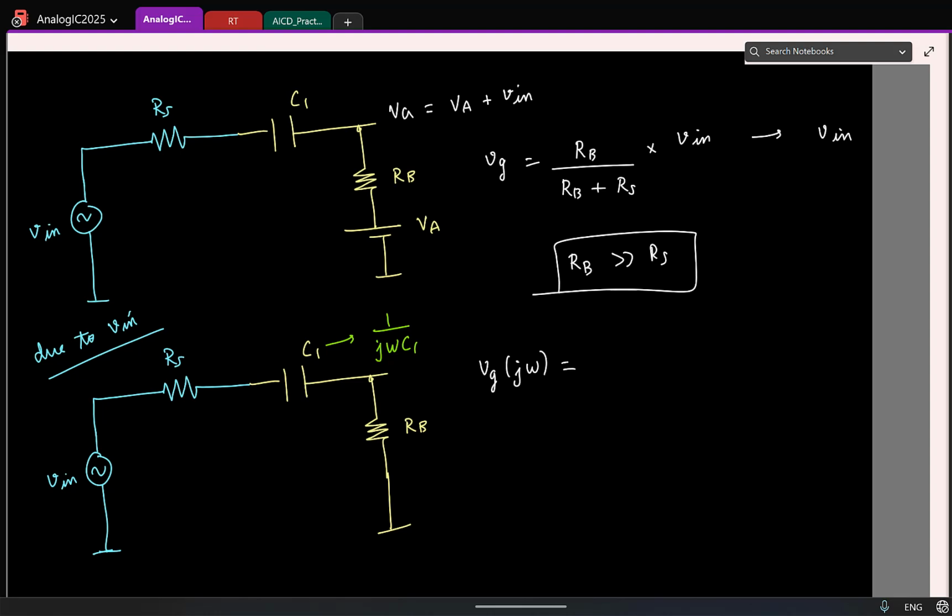What is the division factor? Rb by Rb plus Rs plus 1 by j omega C, times Vin of j omega. Everything is in the frequency domain. Now I already know that this should be approximately 1. So what can you say about the impedance of the capacitor?